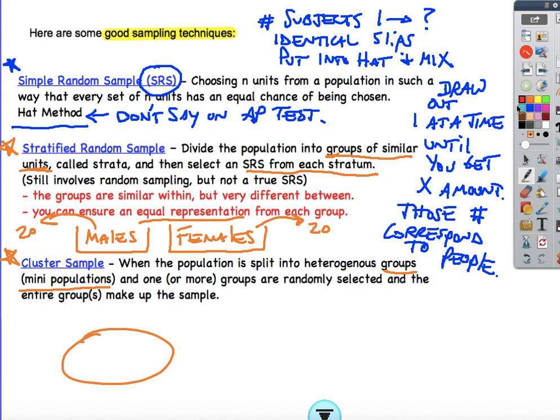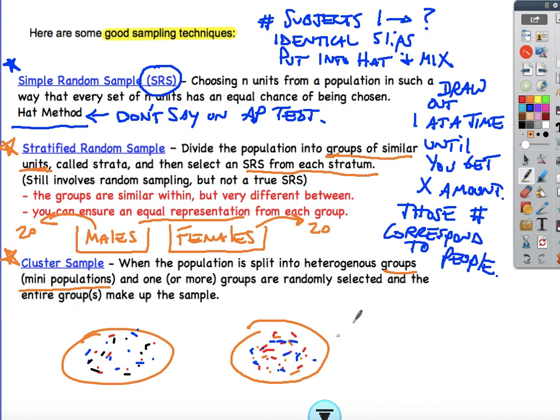Maybe I'll use colors to represent a little bit of everything. Think of it like a cookie with sprinkles, all different color sprinkles. So you would have several of these groups that are mini populations, and then you are going to choose.